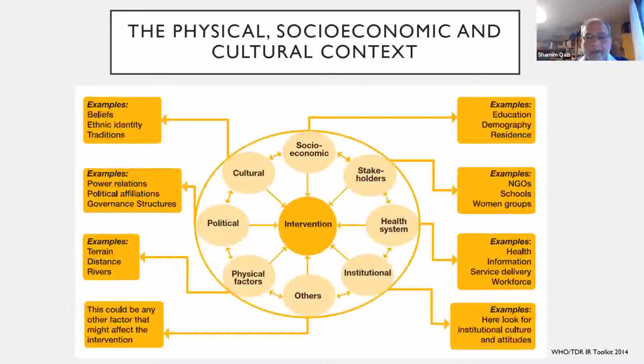As you can see on this diagram, there are various components, from political, cultural, socioeconomic, stakeholders, to health systems, and each one of them has some elements that can affect the implementation of your research project.